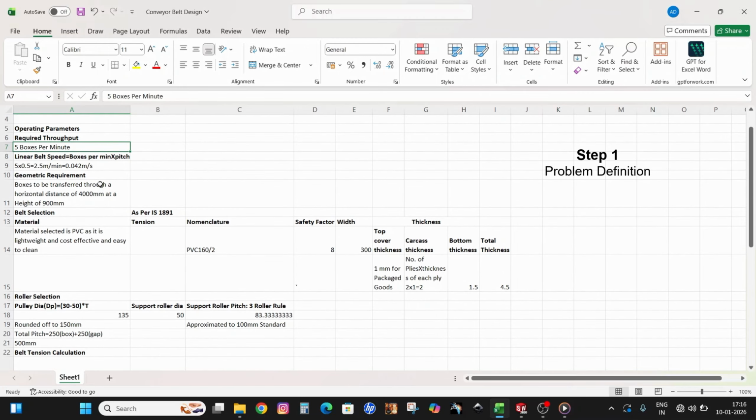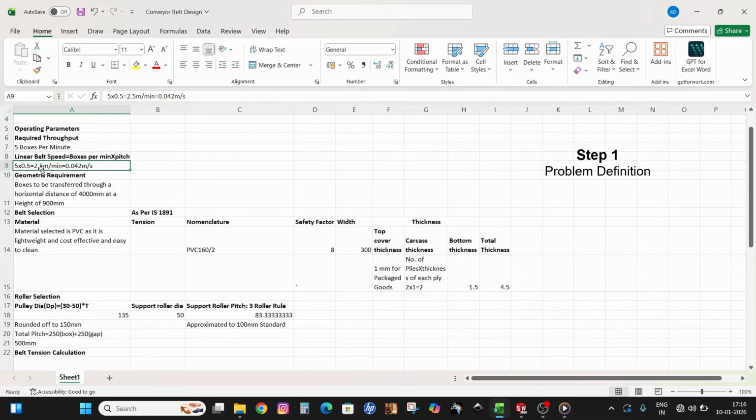From here we can also calculate the linear speed of the belt. It is given by the formula boxes per minute multiplied by pitch. Boxes per minute required is 5 and pitch is 0.5.